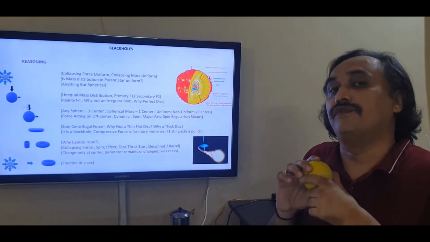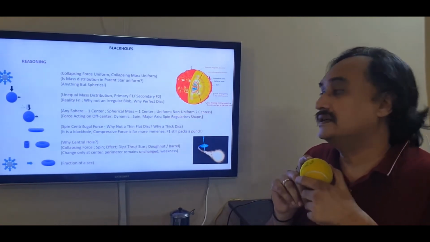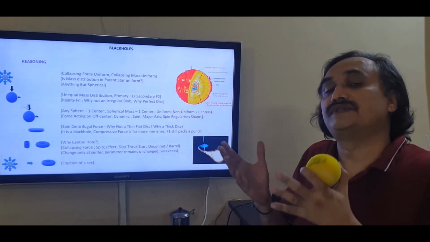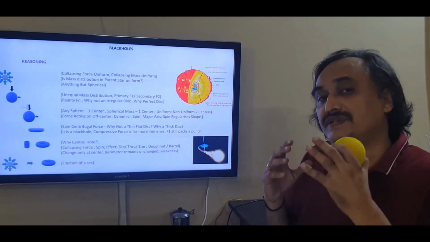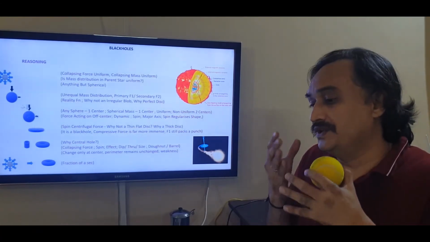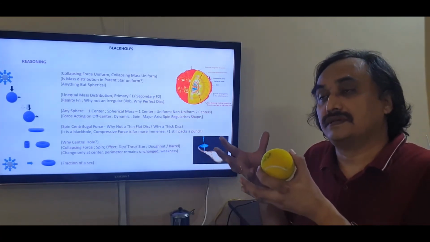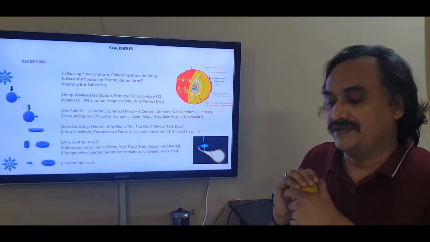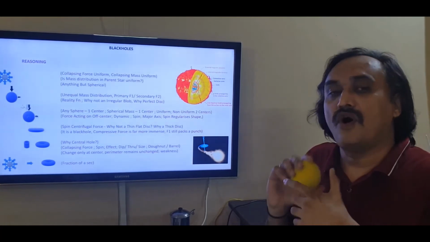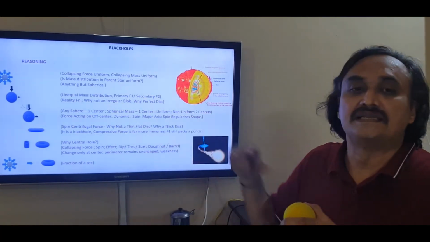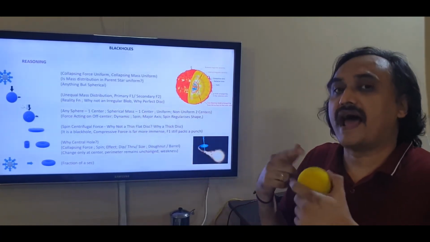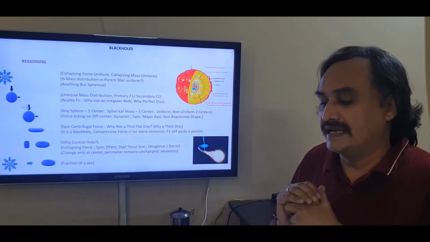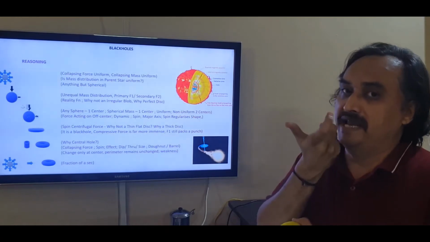Then only you can say that it is uniform. If it is not uniform, what happens to the center? The center gets offset. There will be two centers in that kind of a sphere: one which is the geometrical center, another which takes into account the mass distribution also. When there is an offset, and the collapsing forces are acting on the center at a distance away from the geometric center, it creates a spin.